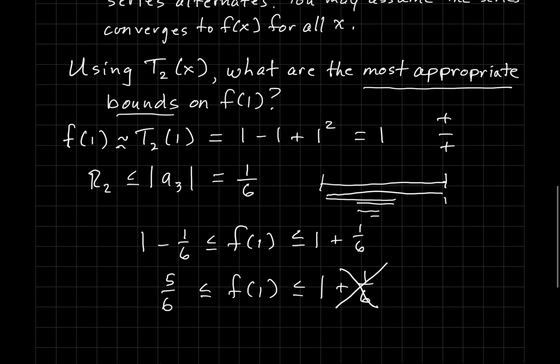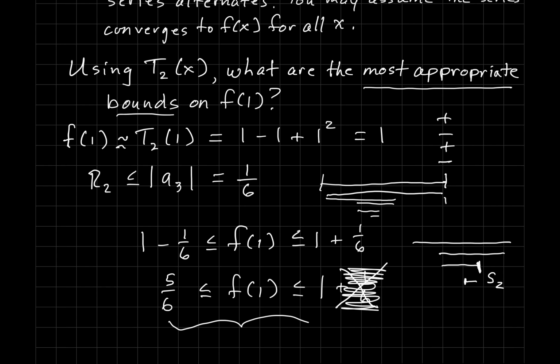Now the first left-off term is negative, which means when I went positive and then negative and then positive, that is the biggest that f of 1 could possibly be. Because the next term I'm subtracting, which means I wouldn't need to go above 1. I could just leave my upper limit as 1. So the most appropriate bounds on f of 1 are these.